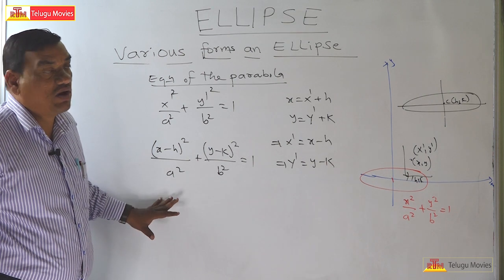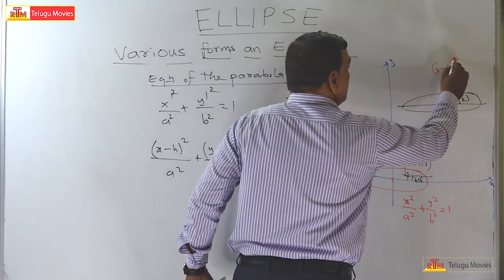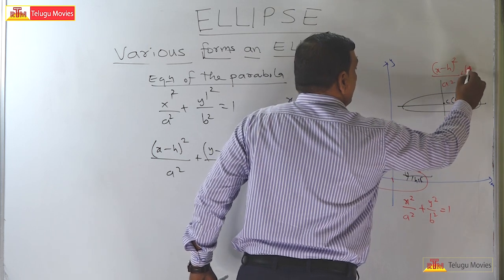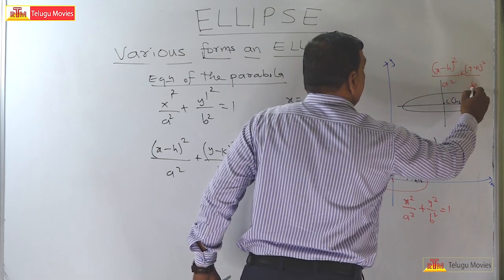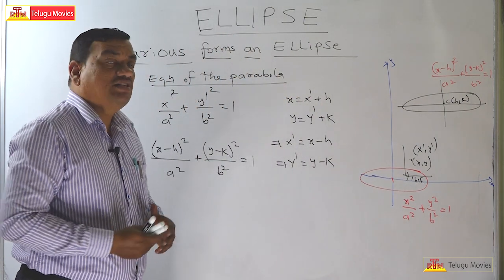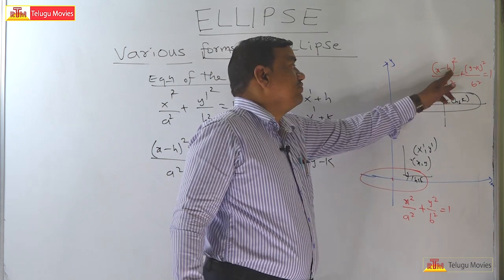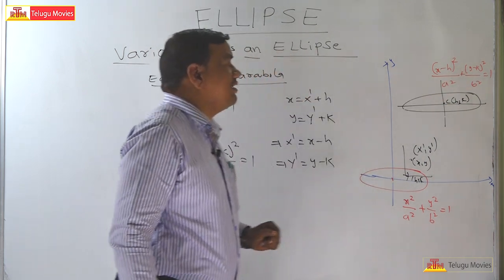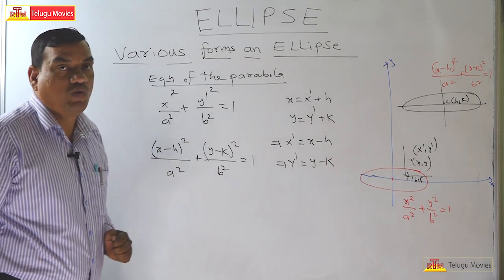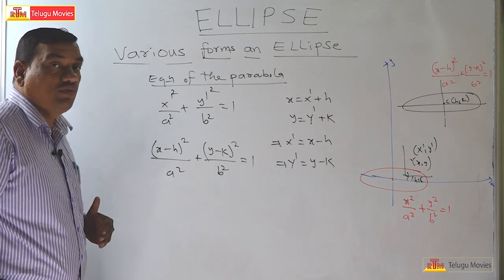If you substitute h is equal to 0 and k is equal to 0, where the center is 0 comma 0, you get x square by a square plus y square by b square is equal to 1 again, the original equation.